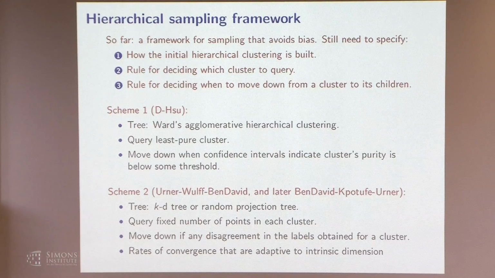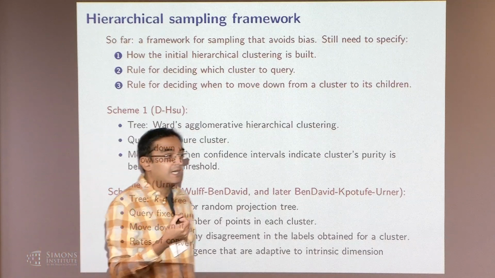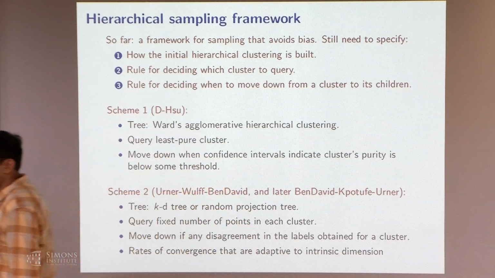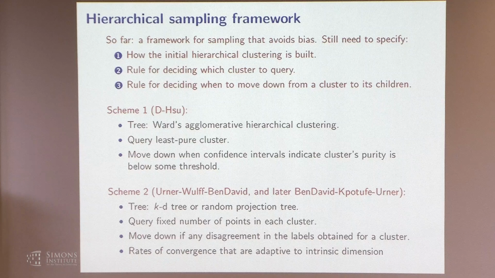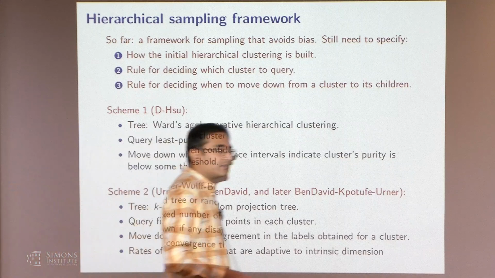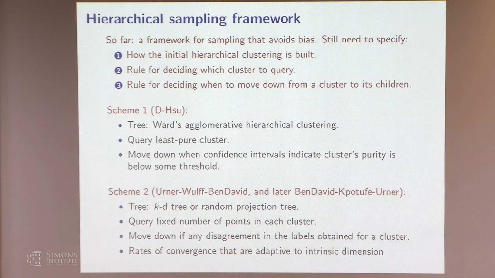For example, it's known that a random projection tree, which is kind of like a KD tree, but at each point you pick a direction at random and you split, and you build a tree in this way, is adaptive to the doubling dimension of the data. And for that they were able to get rates that would look roughly like this, but with the doubling dimension in place of the actual dimension.